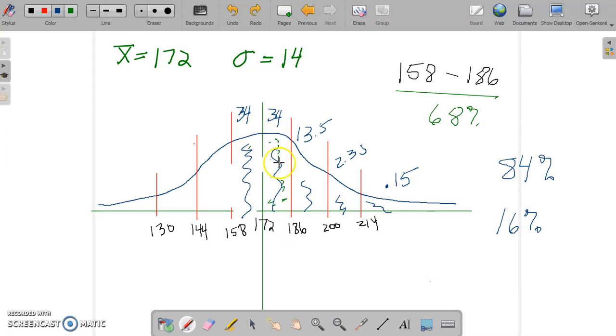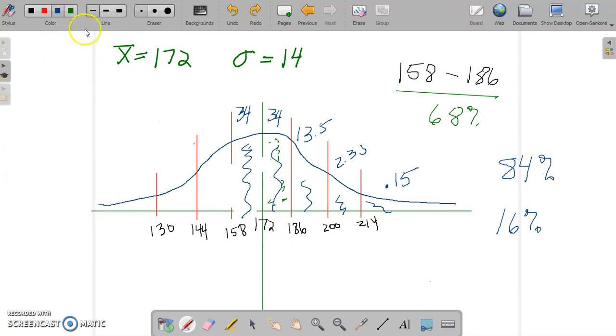Okay. So the key to doing these problems is you have to sketch your curve and then put your mean in the middle, use your standard deviation to mark out these spots, and then it's really easy to just add up these standard deviation percentages, and you will have your answers to a lot of the questions, okay? Things get a little bit interesting, which is what the next video is about.